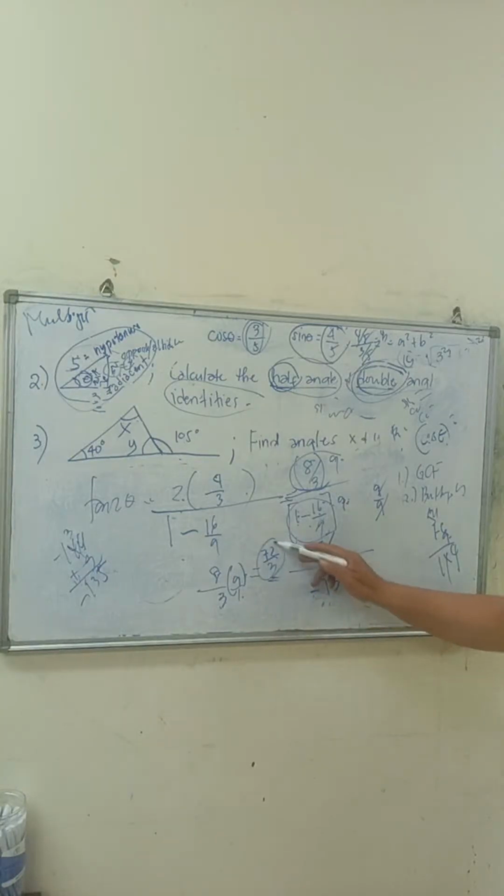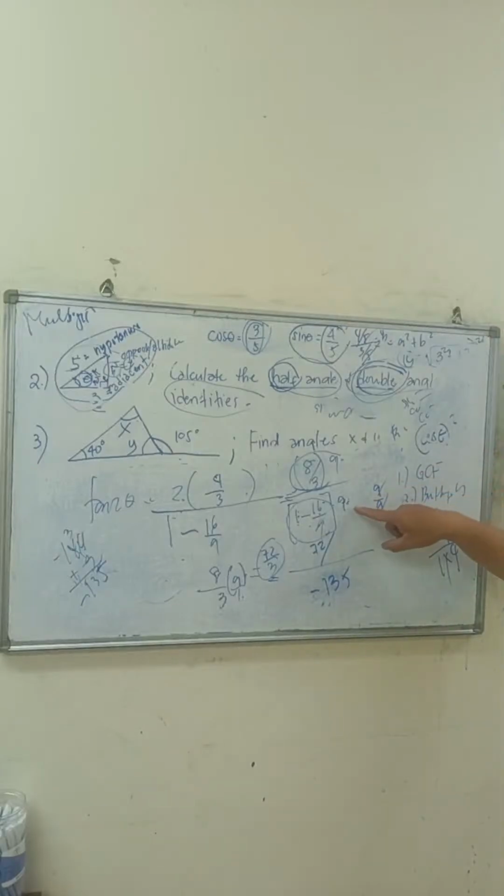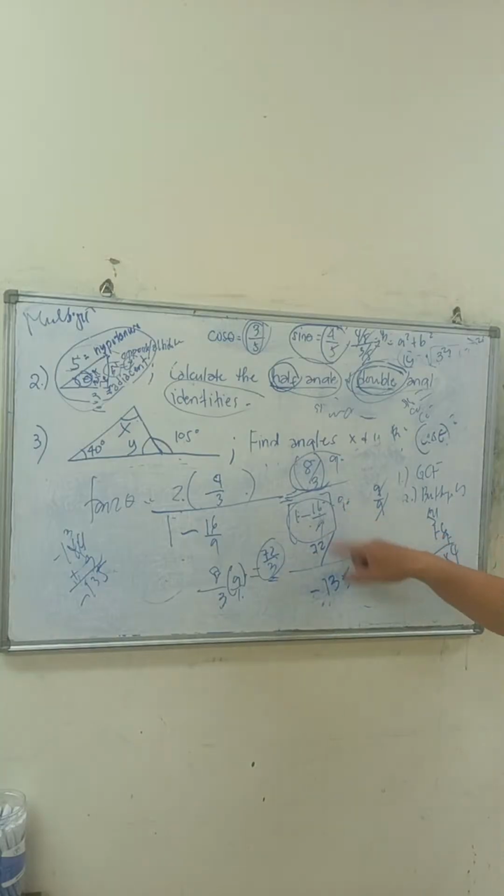So 72 over 3. Here it's another story. When you multiply by 9, this is only a number, so 9 only. Minus 9 times 16, there's a number, right? You get the point? And then you need to cancel the 9 also, because this is the same. You get the point?